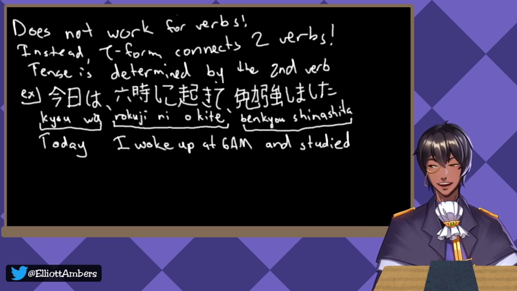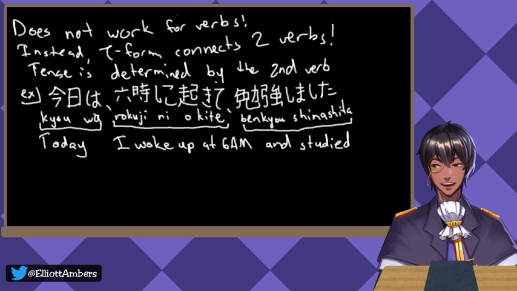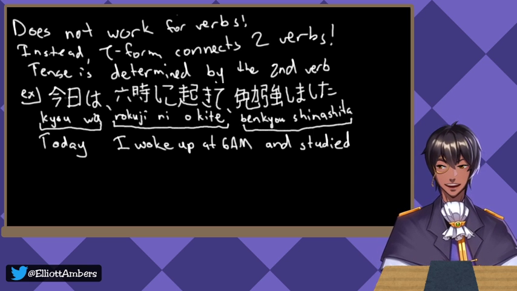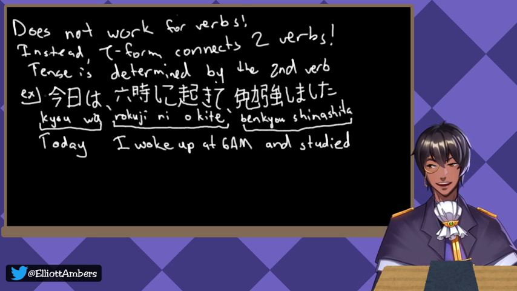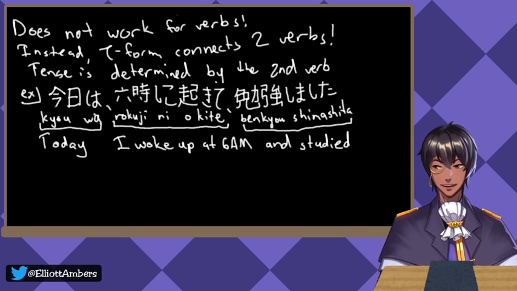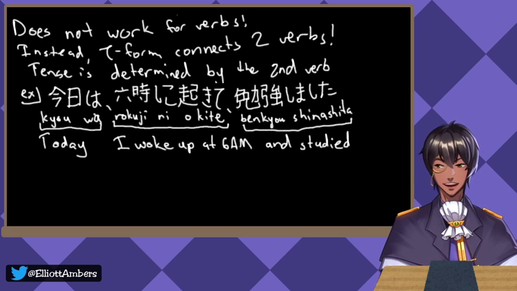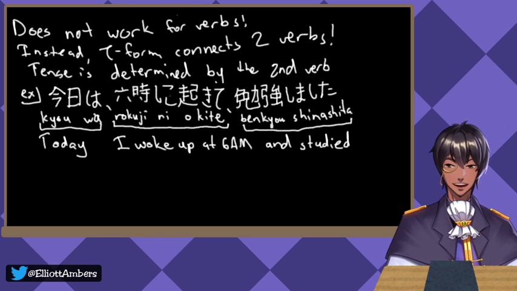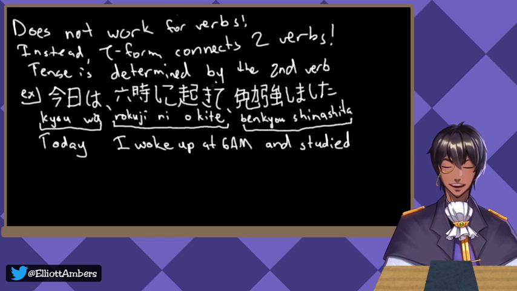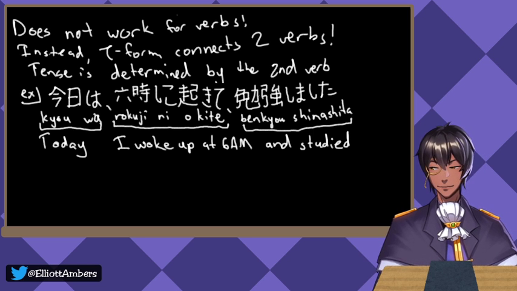今日は, today, 6時に起きて. Actually, this serves as the topic, really, or I guess the time and topic at the same time. The topic technically is myself, but that's excluded as Japanese, we said, is a context-based language. So, 今日は6時に. It says the time here. 6時に起きて, and it is using this te form. We have two verbs here, 起きて and 勉強.